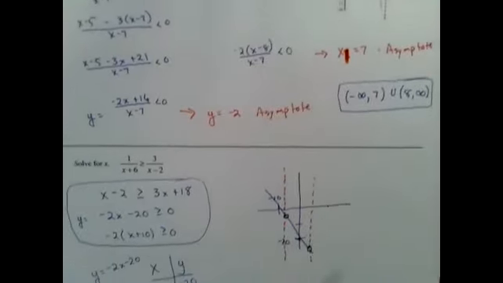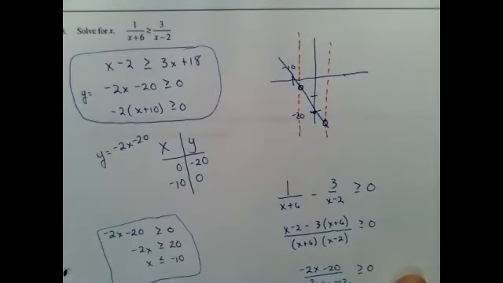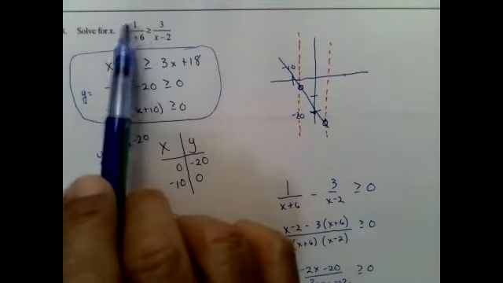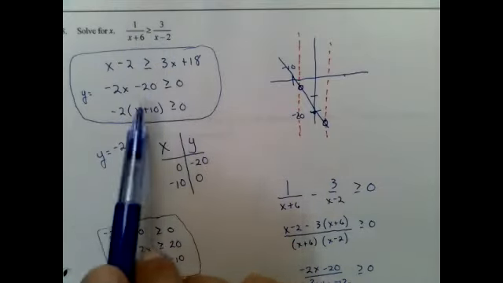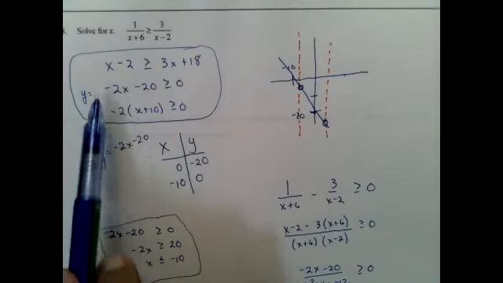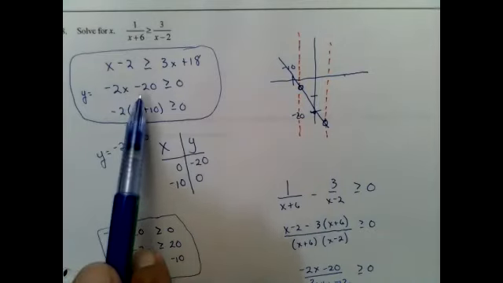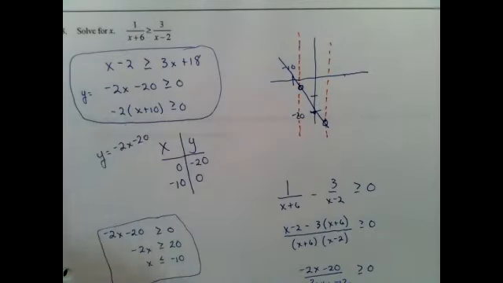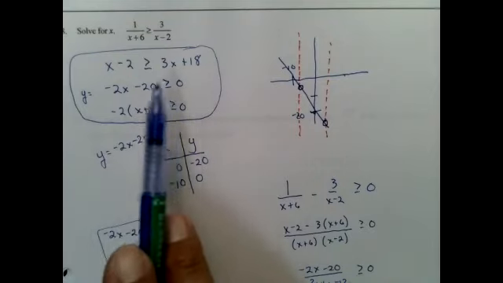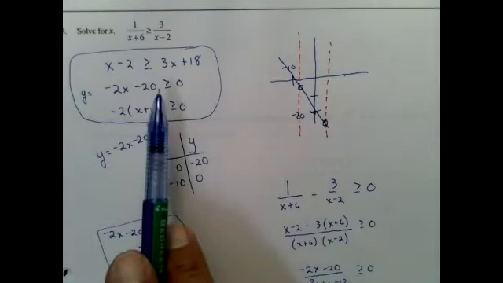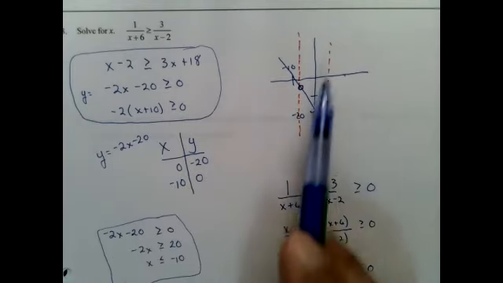This next one, I don't know if any of you had a chance to work on it or not, but I started out by cross multiplying. And I got to this point and I was like, well, y equals -x minus 20 is greater than 0. So I had some scratch work going on there. And I'm like, okay, do I need the graph?